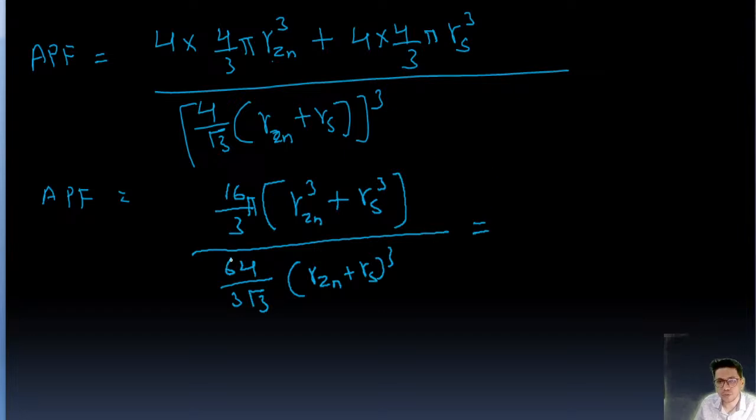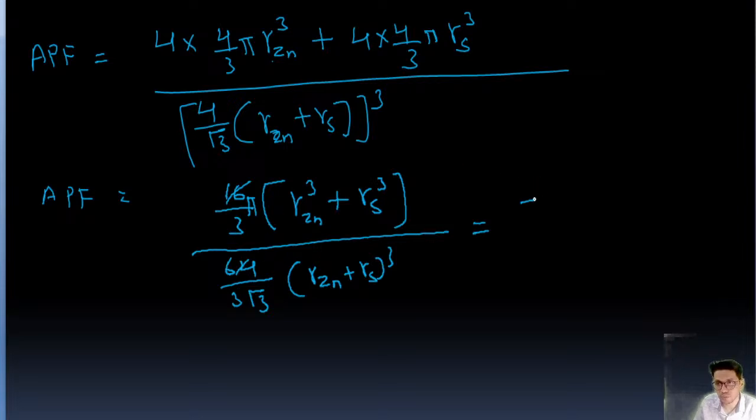This will cancel by 4 times, and this 3 root 3 will go in the numerator.